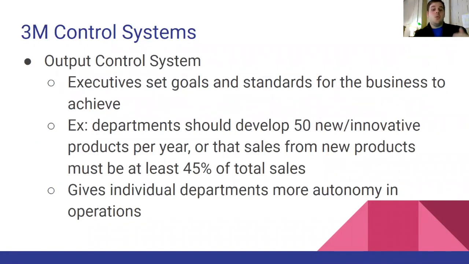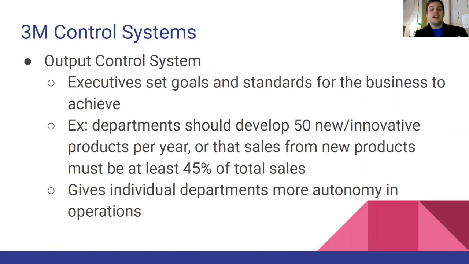3M's control systems. One of 3M's control systems is based on output. Head executives will lay out the goals regarding its products for the various departments to accomplish. Some of these pertain to the products themselves, others pertain to the performance of those products in various markets.